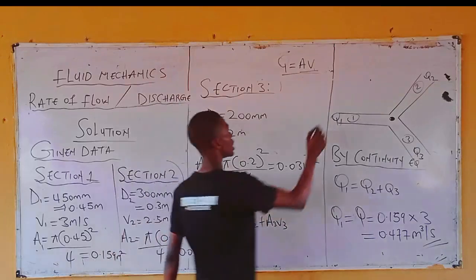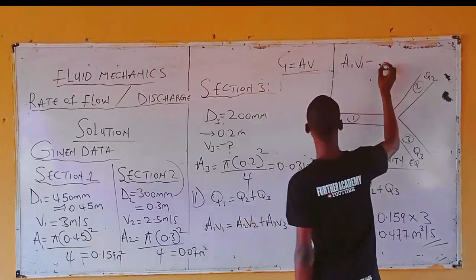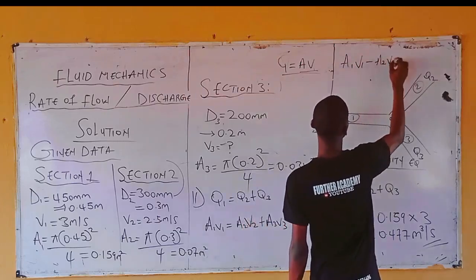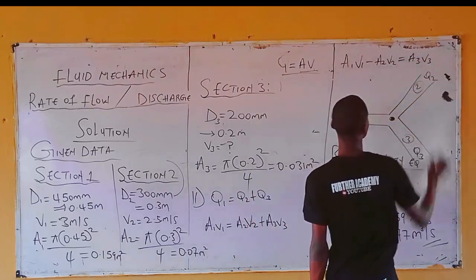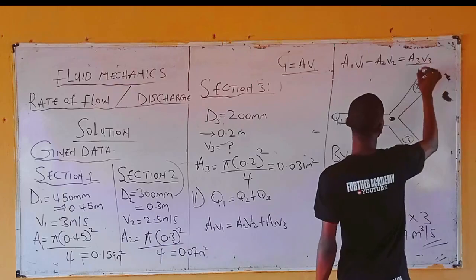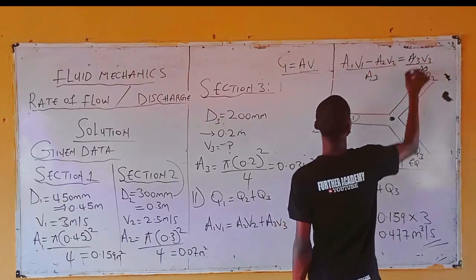It becomes A1 V1 minus A2 V2 equals A3 V3. Yes. Divide both sides by A3.